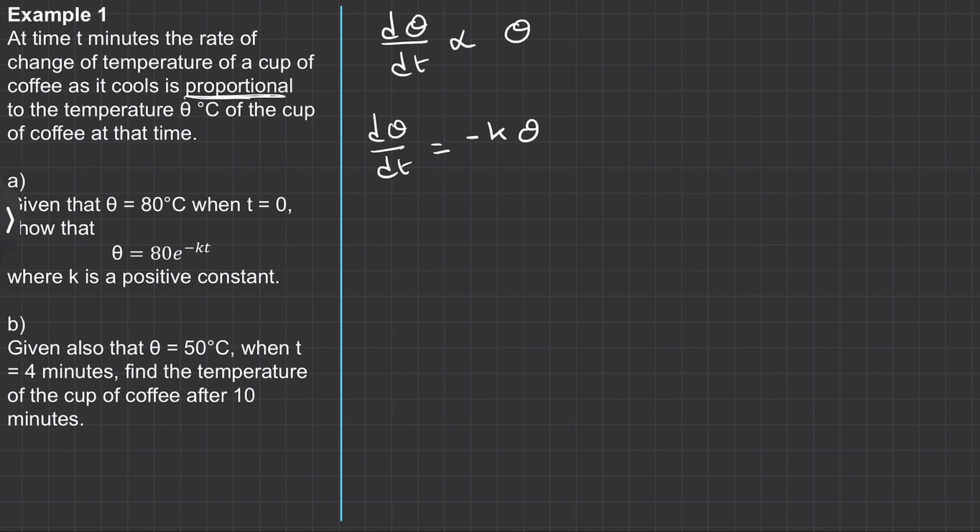And we've been asked to create this model where theta is equal to 80 e to the power of minus kt. So to arrange it in this form, we need to do what's called separating the variables. All that means is we have the thetas on one side and the t's on a different side.